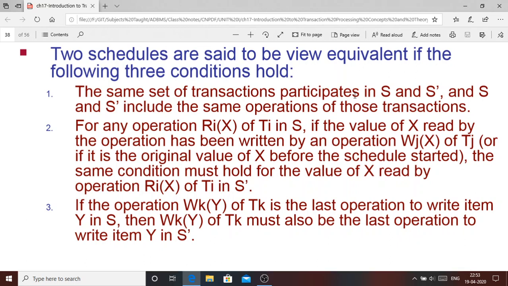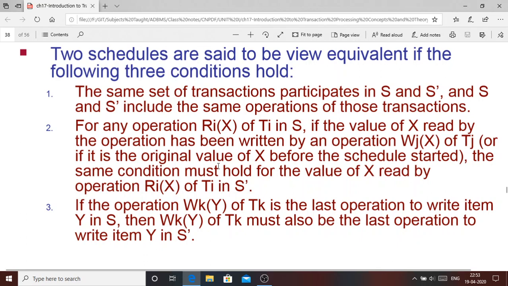So to hold the view equivalence of the two schedules, one of these can be a serial schedule, but for any two schedules to be view equivalent, the transactions in both the schedules must be the same, that is, the operations within both schedules must be the same operations, and the same set of transactions must execute in both the schedules.